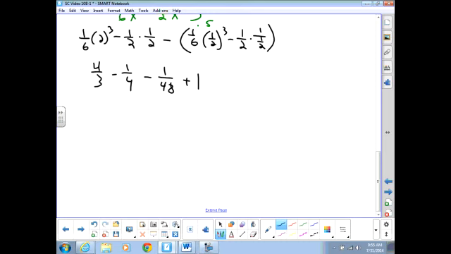When we combine all our like terms, we can get 48 as our common denominator. The first thing we'll multiply top and bottom by 16. So we'll get 64 over 48 minus 12 over 48. Minus 1 over 48 plus 48 over 48.